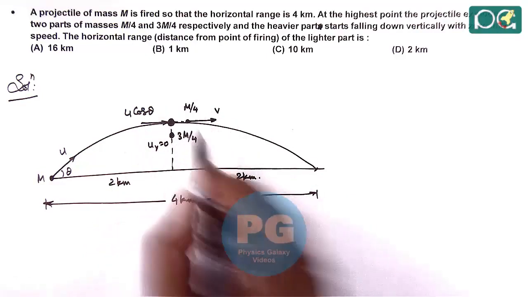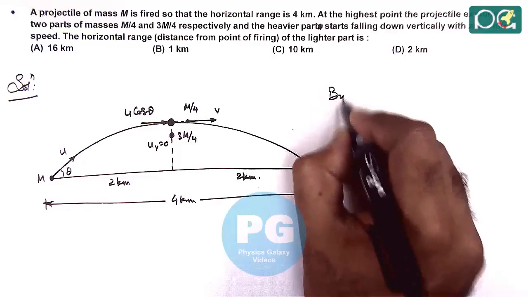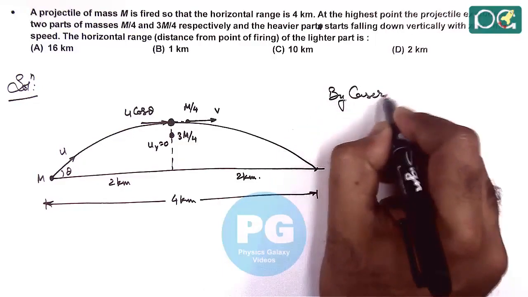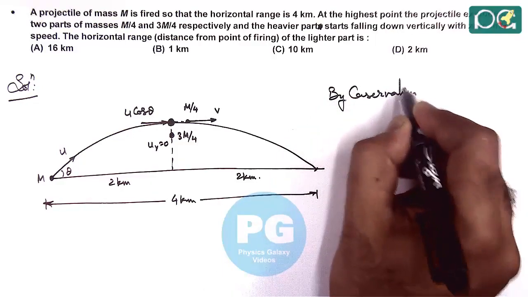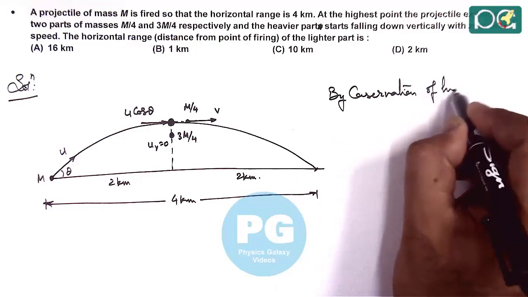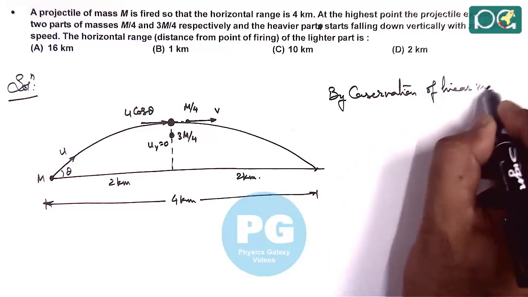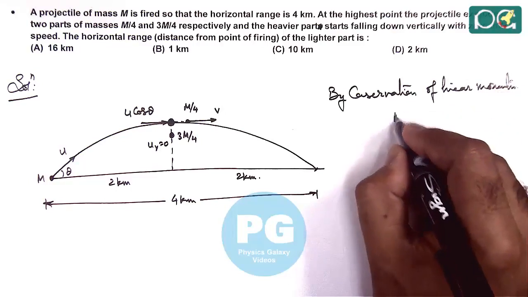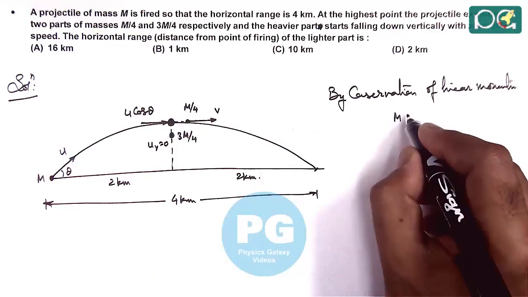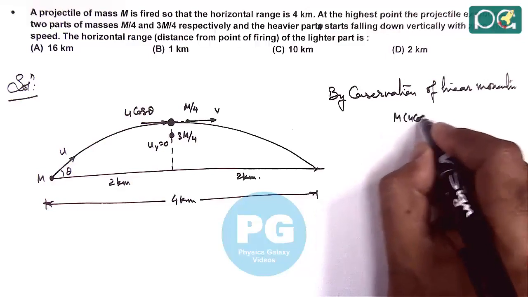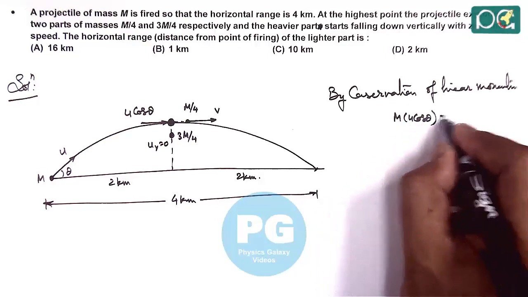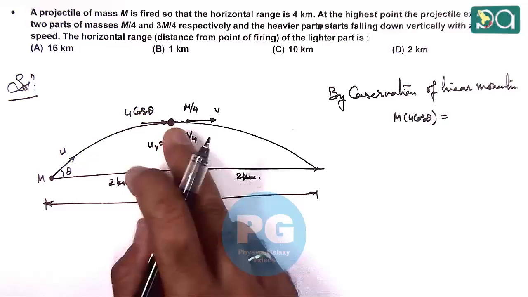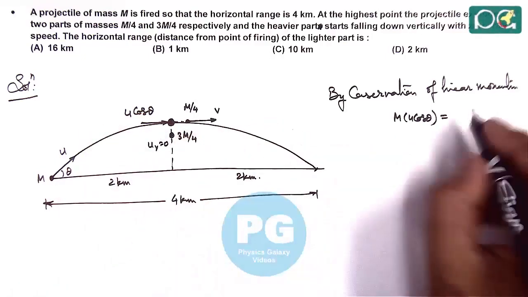So here you can see, by conservation of linear momentum, we can write initial mass m multiplied by u cos theta was the initial momentum in x direction, and after explosion x direction momentum should remain conserved.